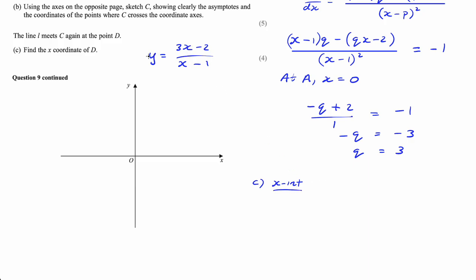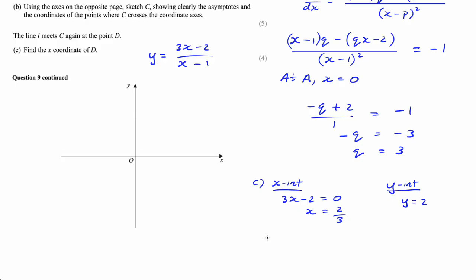When y is 0, 3x minus 2 equals 0, so x equals 2 over 3. We need the y-intercept. The y-intercept we know is when x is 0, so y equals 2.